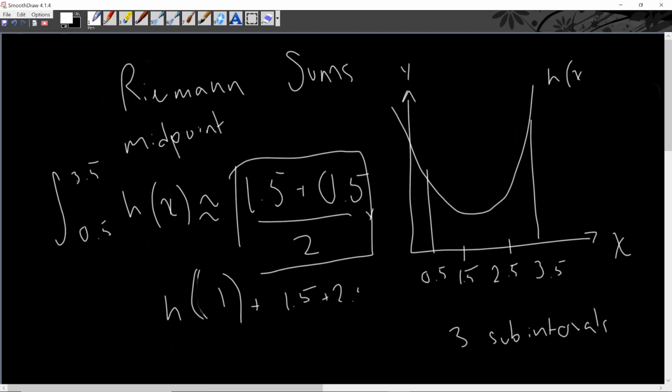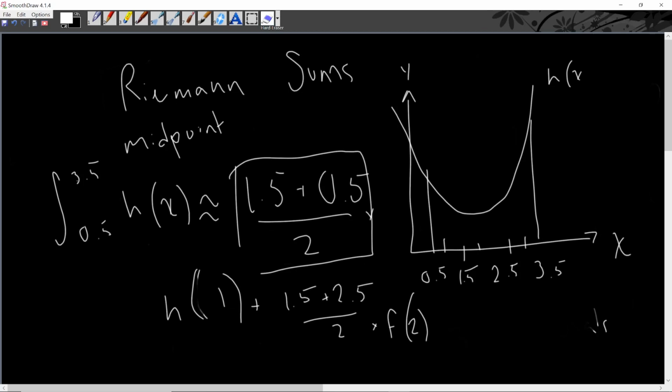plus 2.5 over 2. Again, we're trying to find the midpoint between these subintervals, times f of 1.5 plus 2.5 is 4 over 2 is 2, f of 2.